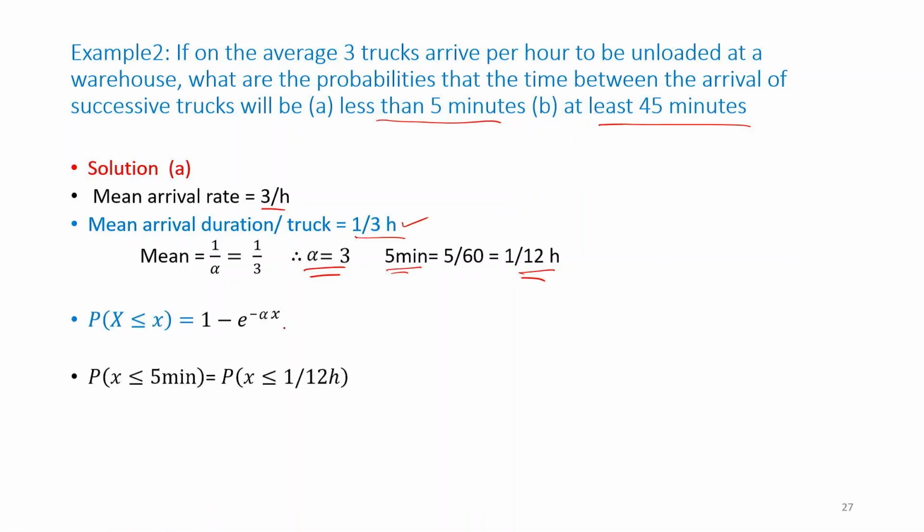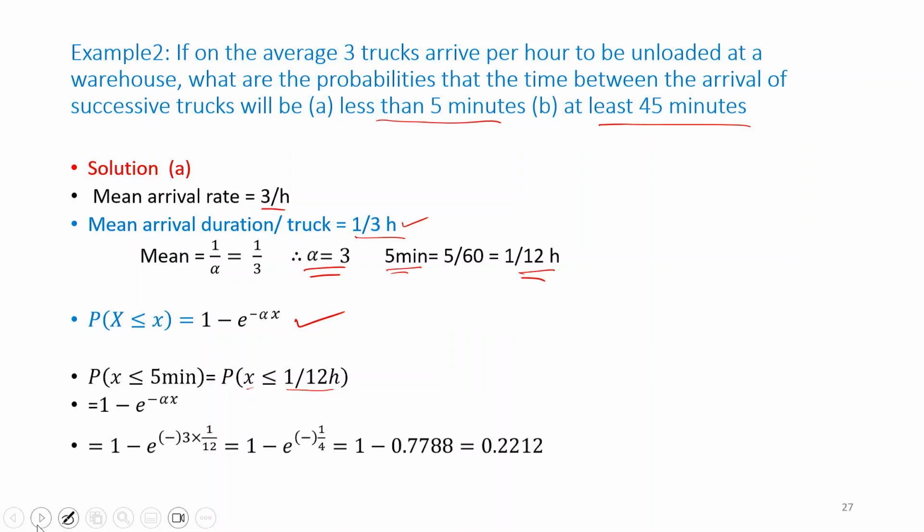So this equation is known to us. We use that equation. Probability of x less than 5 minutes is equivalent to probability of x less than 1 upon 12 hour, because the average is given in terms of hour. So we write this and substitute the values. Alpha is 3, we write 3. x is 1 upon 12, we write 1 upon 12, and we calculate the value.